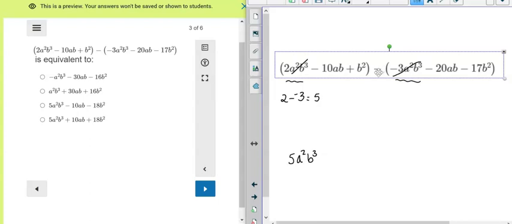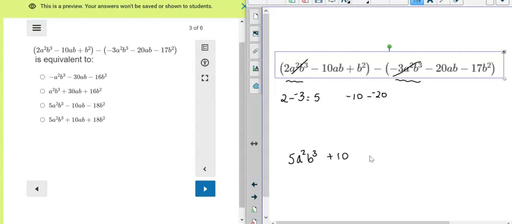And notice I'm subtracting these two polynomials. Alright, negative 10 ab minus negative 20 ab. So I'll go ahead and write negative 10 ab minus negative 20. And then this turns into a positive, so that's basically negative 10 plus 20, which is positive 10.